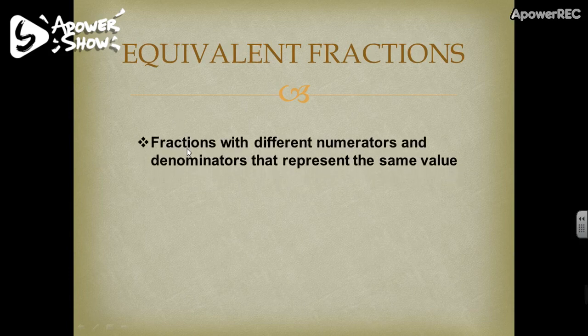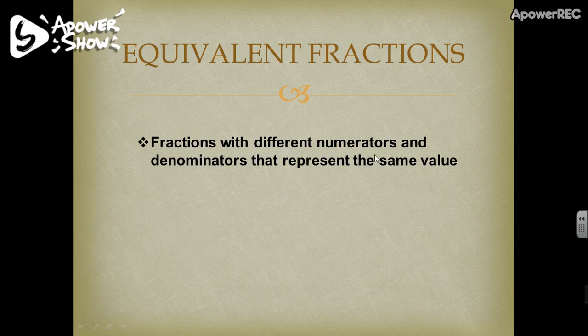Equivalent fractions are fractions with different numerators and denominators. So equivalent fractions involve two or more fractions having different numerators and denominators, but the interesting thing is that they all represent the same value.